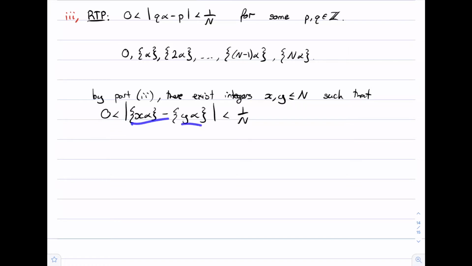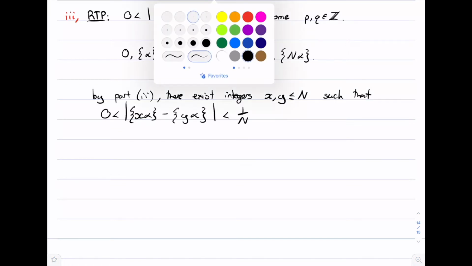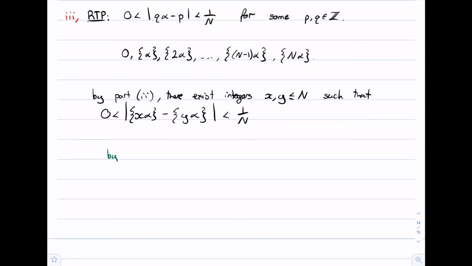Alright, now what are these things? Inside our absolute value, we've got these curly brackets, the fractional part, but in what we want to prove, we don't have that. We've got just the alpha. So let's think about how we can rewrite this in terms of just alpha. I'm going to do this in green here. By definition, x alpha equals some integer part, I'm going to call it k1, plus the curly brackets x alpha.